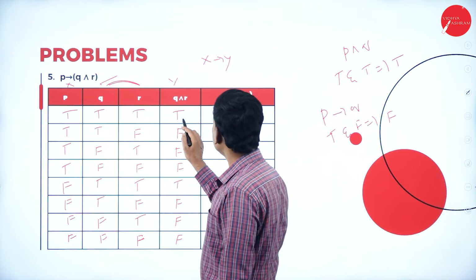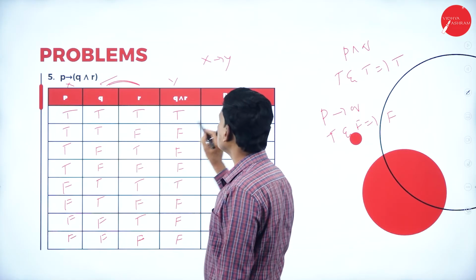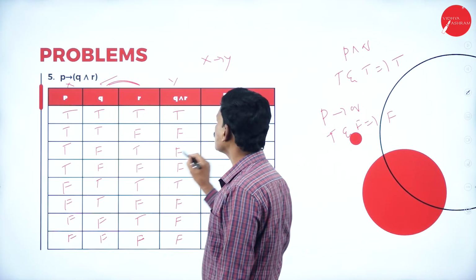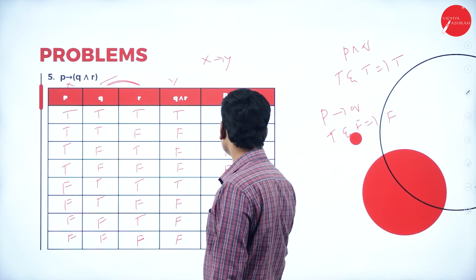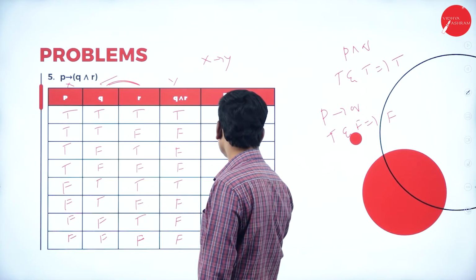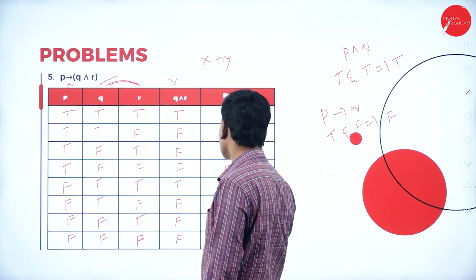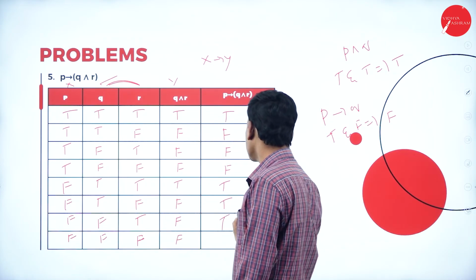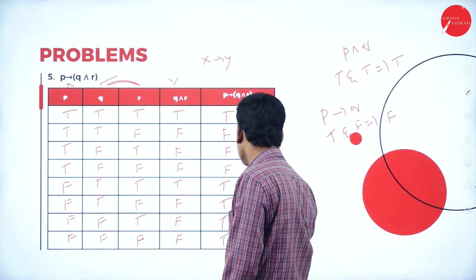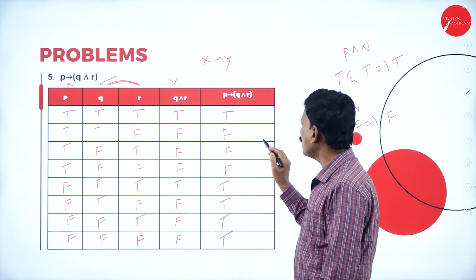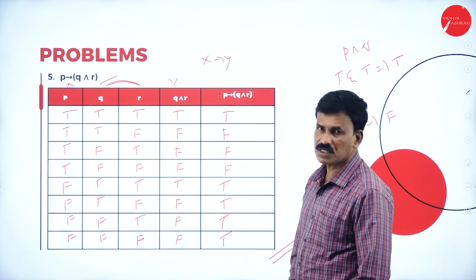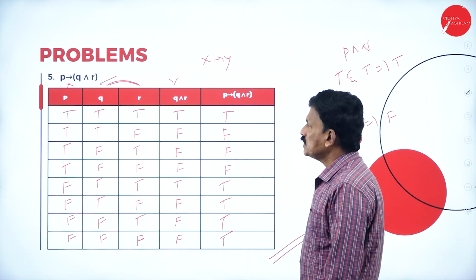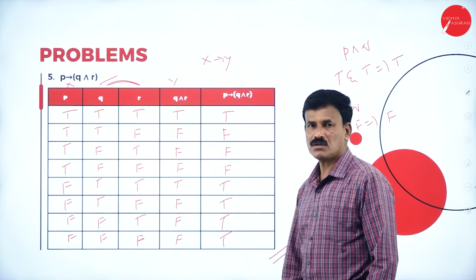Now write down P and this: true and true is true, true and false is false, true and false is false, true and false is false, false and true is true, false and false is true, false and false is true, false and false is true. So T, F, F, F, T, T, T, T is the truth table for the given proposition P conditional to Q conjunction R. That's it.